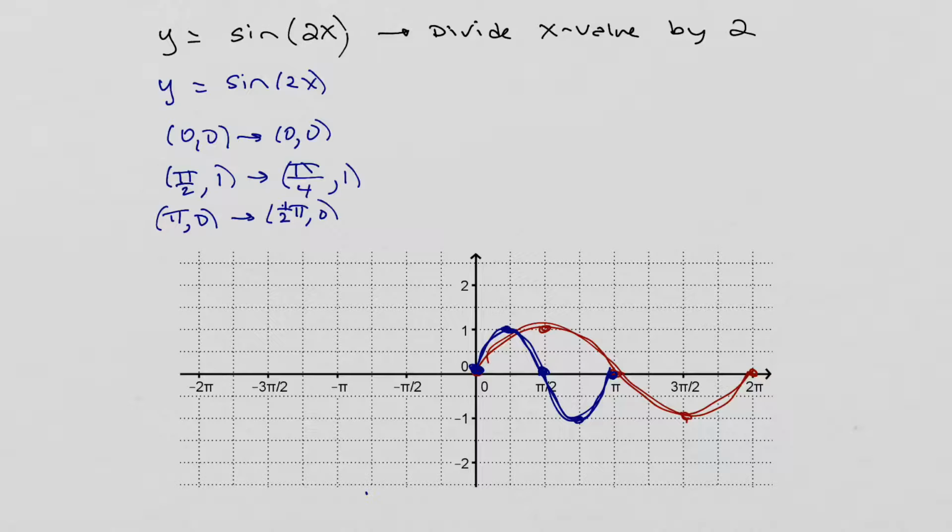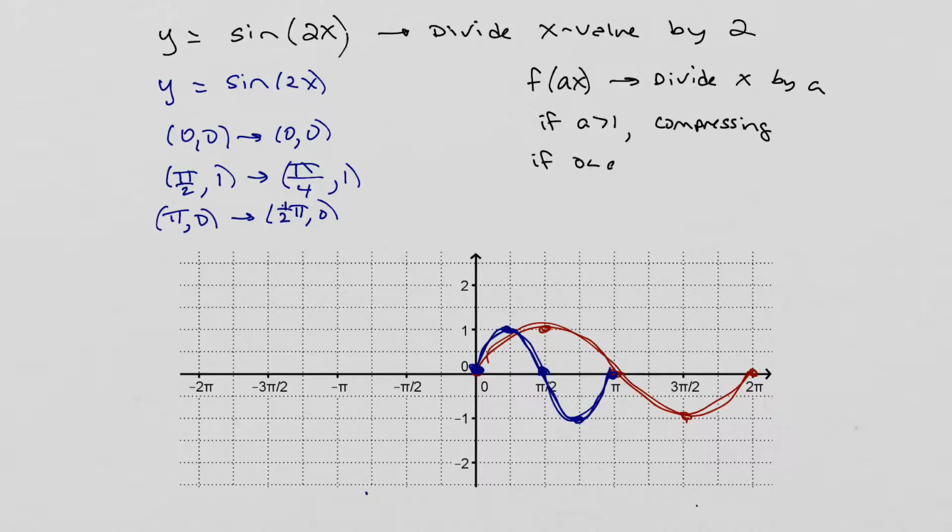And just to remind you of the rule, if I have f of a times x, what we're going to do is divide each x value by that number a. Right? If a is bigger than 1, then we are compressing this graph. And if a is between 0 and 1, then we wind up stretching the graph.